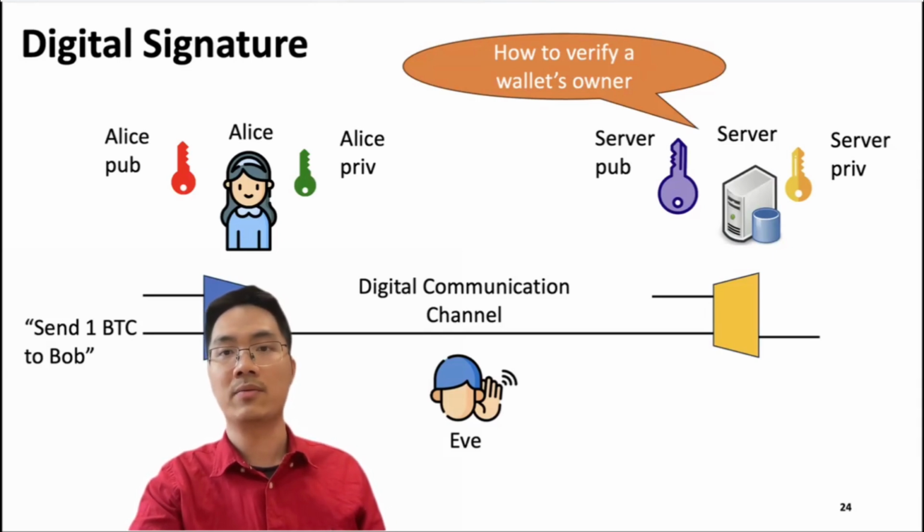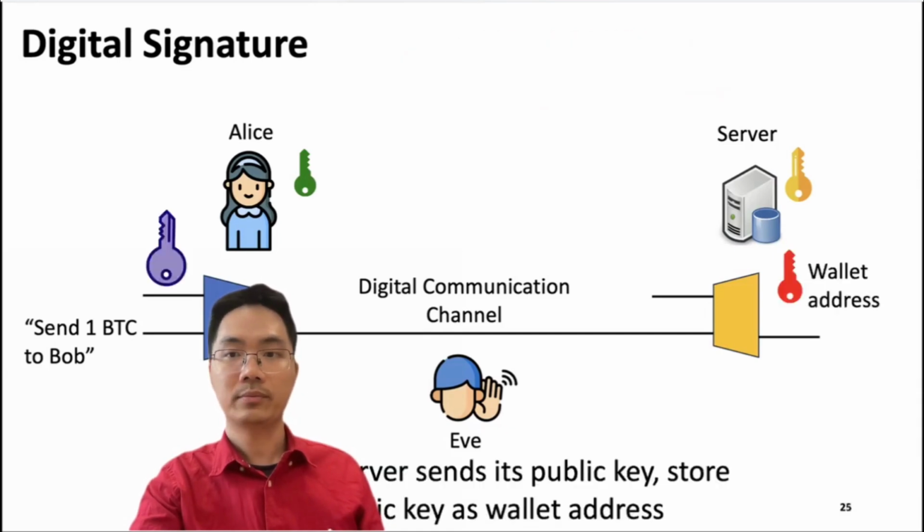And how can the server verify that the transaction belongs to Alice's wallet? To do so, Alice will also need to create a pair of public key and private key. She will use the private key to make her digital signature, and the public key will be her wallet address.